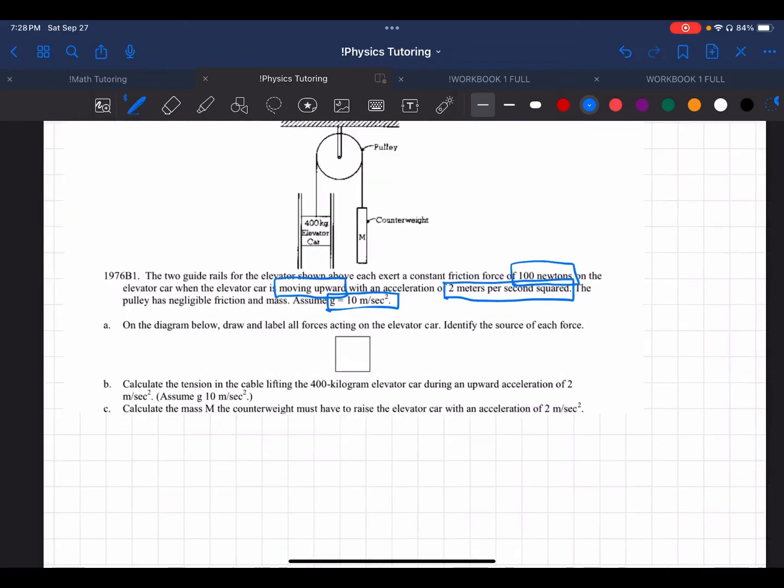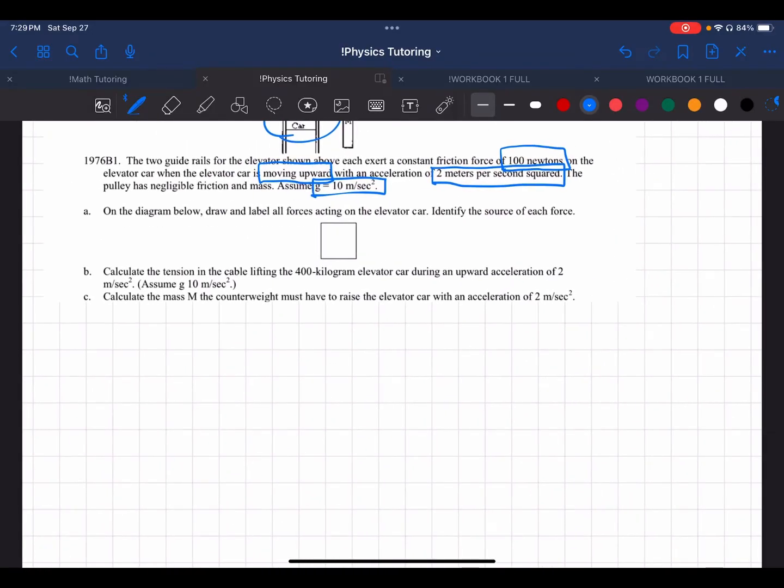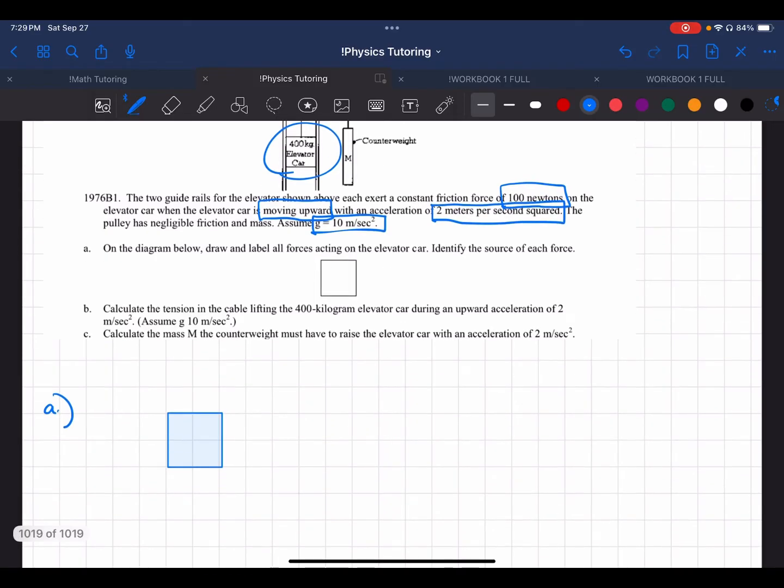Okay, so let me draw a free body diagram for this, right? Okay. So whenever you guys see the two here, it's making contact with those. So what you're going to do is you're going to have two contact forces, which is friction.